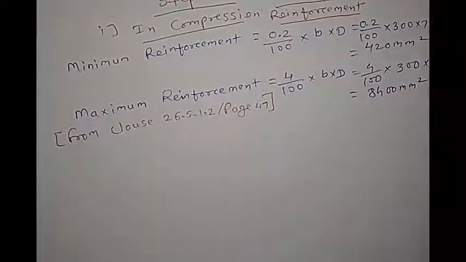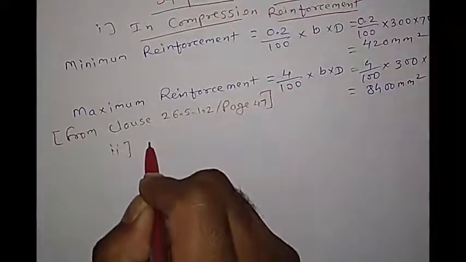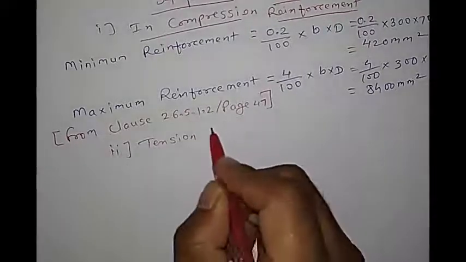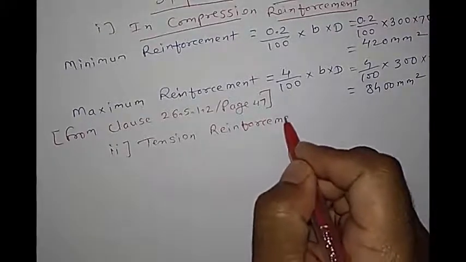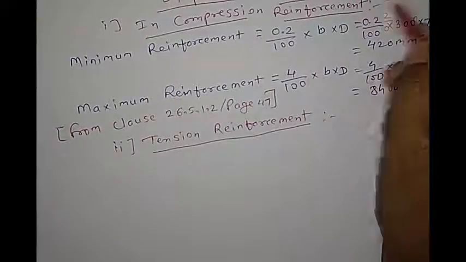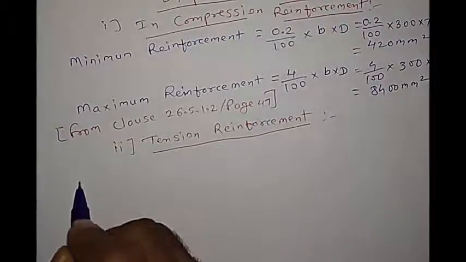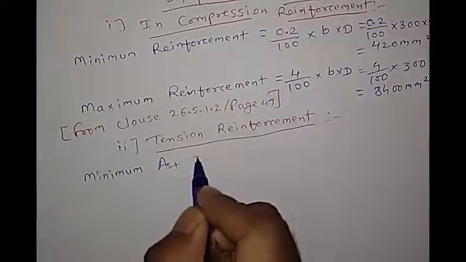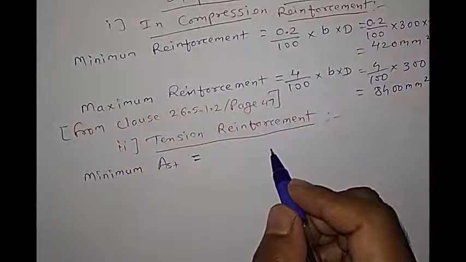Similarly, we have for the tension part, so again minimum AST, which is on the same page number 47.